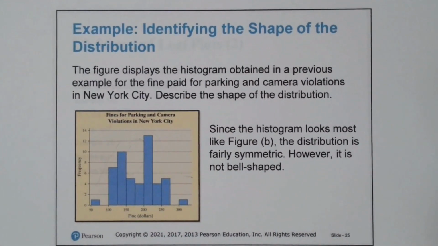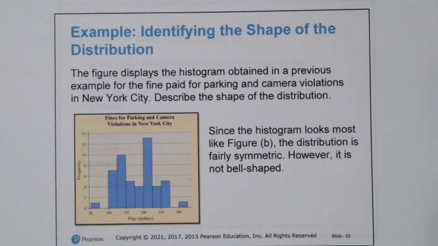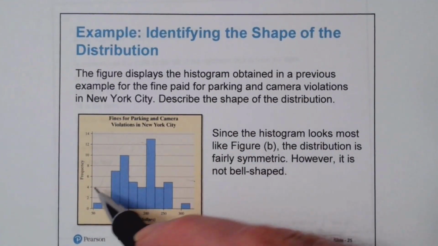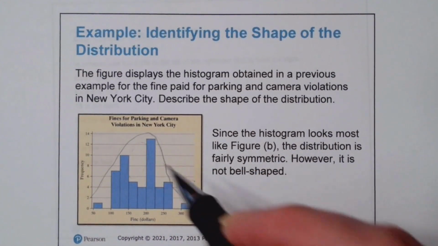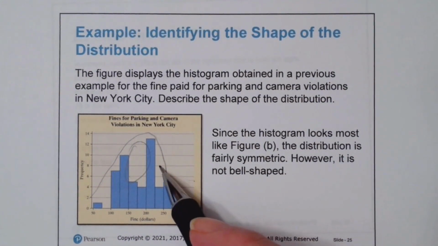So here's an example. The figure displays the histogram obtained in a previous example for the fines paid for parking and camera violations in New York City. Describe the shape of the distribution. Well, you can see it's kind of bell-shaped. But the problem is it's certainly missing that bell shape in that area there, even over here a little bit.